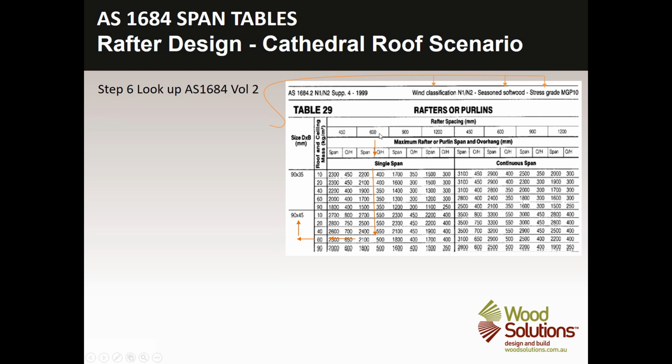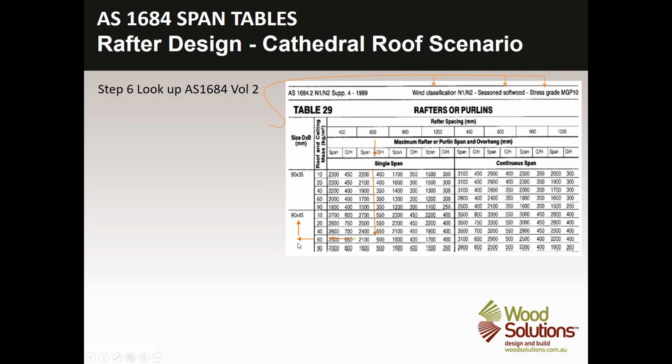So here we have rafter spacing at 600 centres. To achieve our overhang of 500 millimetres, with a roof and ceiling mass of 60 kilograms, we've got to go with a 90 by 45.